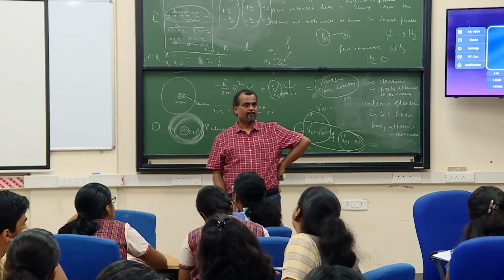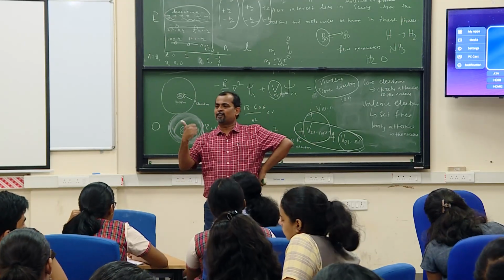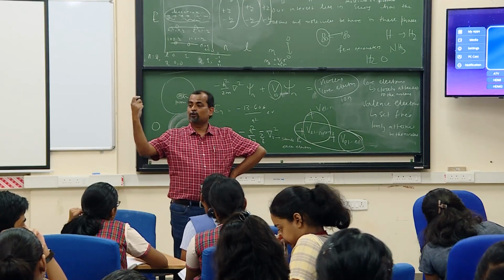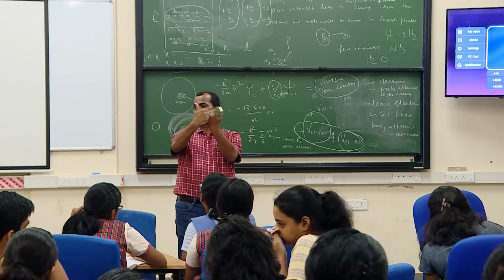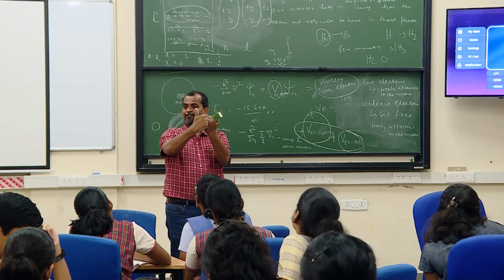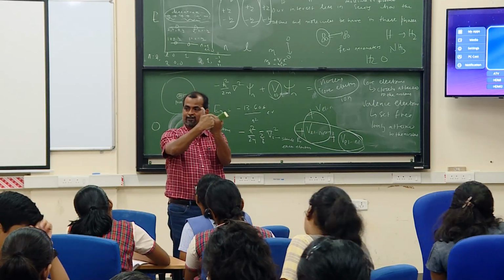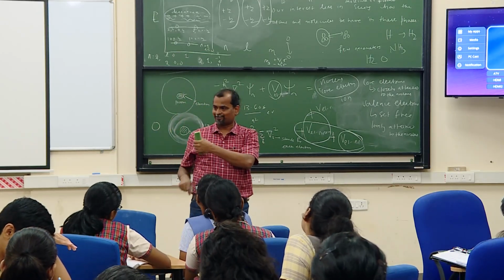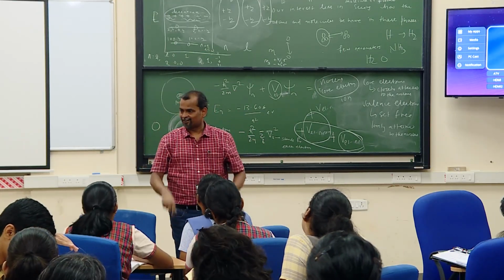You agree? It's like one neon plus one electron. Those 10 electrons are very tightly bound to the nucleus, so they form the ion, the core electrons. And the one electron in sodium loves to give away whenever it gets out. So that is the valence electron.